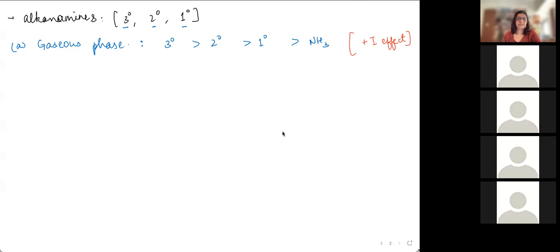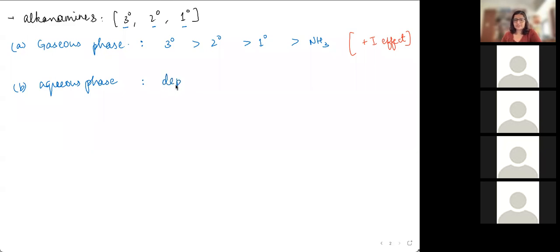But in the aqueous phase, when you dissolve it in water, you have solvation effects to be considered. So in the aqueous phase, there are issues: the plus I effect definitely matters. Apart from that, the stereochemistry, which affects the solvation of the ions, also matters.